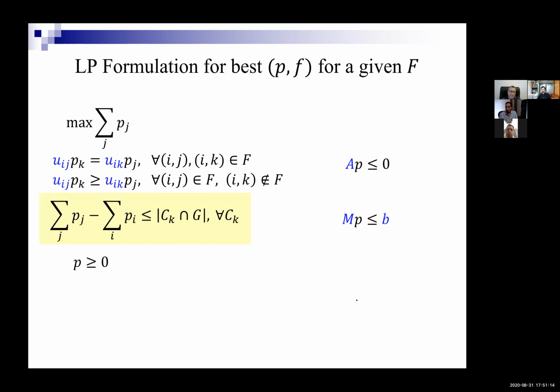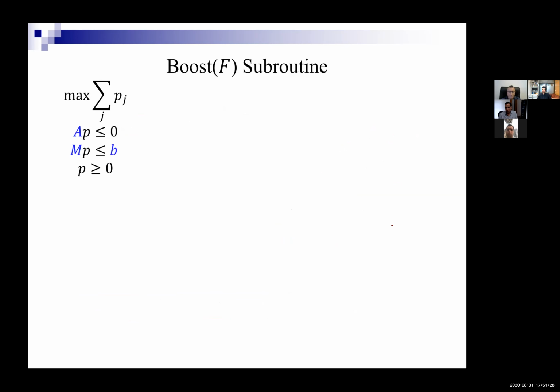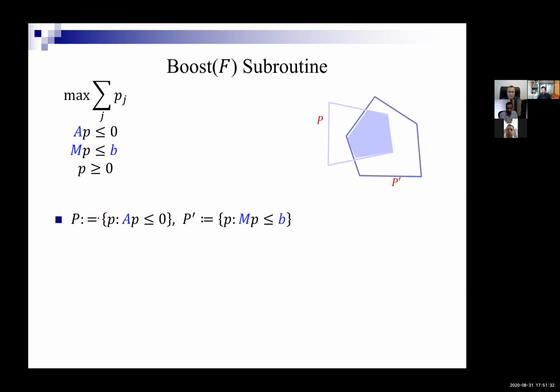So this is the LP formulation we want to solve. These two constraints are already monotone BPI, so let's write them as AP less than or equal to 0. And this is the problematic constraint, MP less than or equal to B. This is the boost problem. We want to maximize the summation of variables on the intersection of P and P prime.